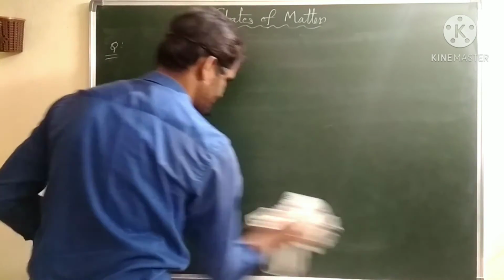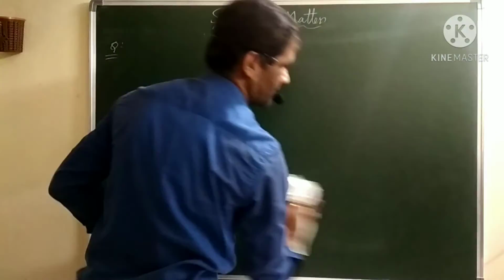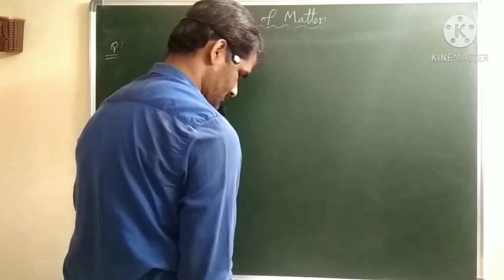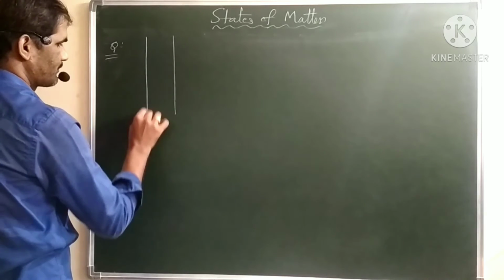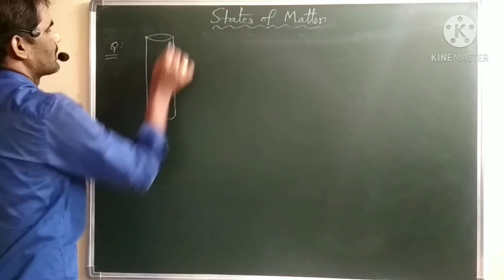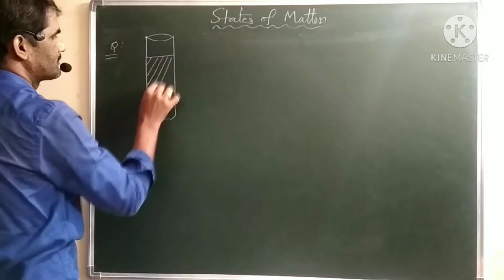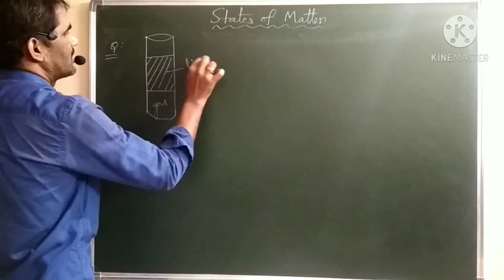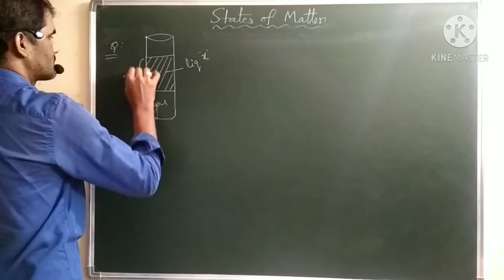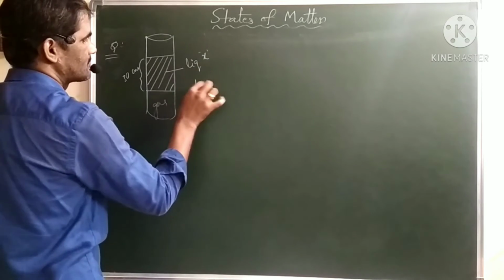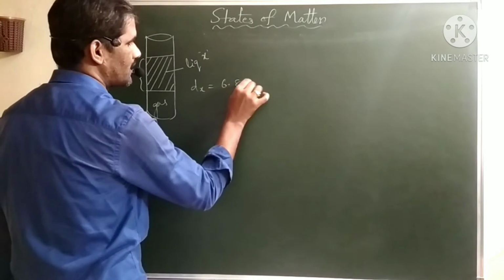Next, one more problem here. Again a glass tube, and here gas is confined at the bottom by some liquid X, and the height of liquid X is 30 centimeters and density of the liquid is 6.8 gram per ml.